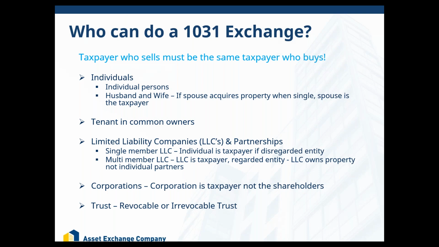I can do that. Now, if he wanted to, he could take his 50% of the tenant in common ownership, do a 1031 exchange on his 50%, defer his taxes, and he could go out and buy his own investment replacement property. Okay, so again, tenant in common owners can do 1031 exchanges.